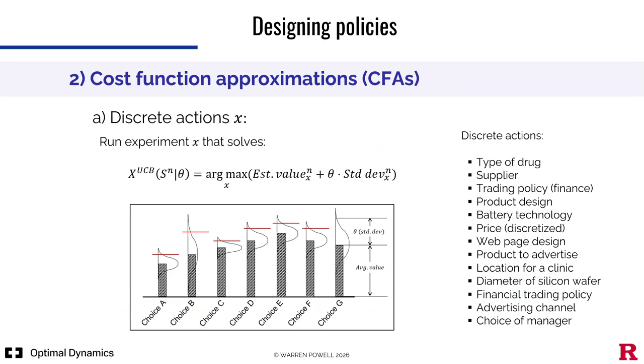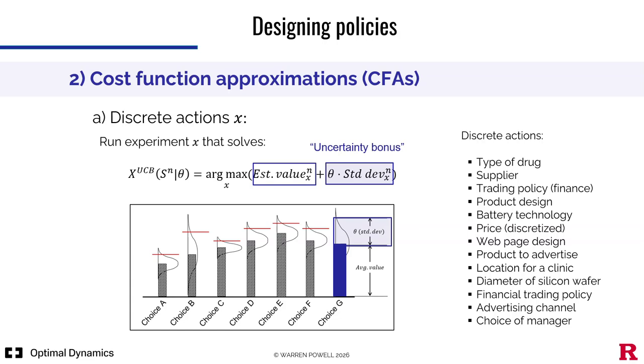does have an optimization step. We're going to start off where X here is a choice. It's a discrete choice, maybe choice A through choice G. And each one has an estimated performance, an estimated value, but I don't know exactly what it is. And then I have some sort of uncertainty bonus, something that's proportional to my level of uncertainty.